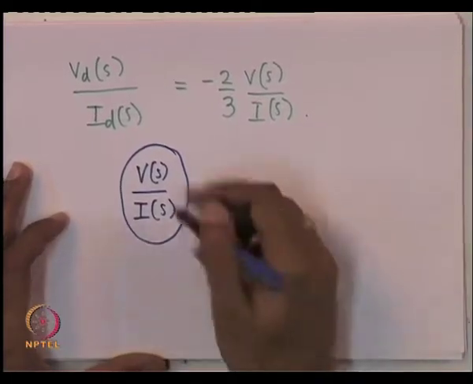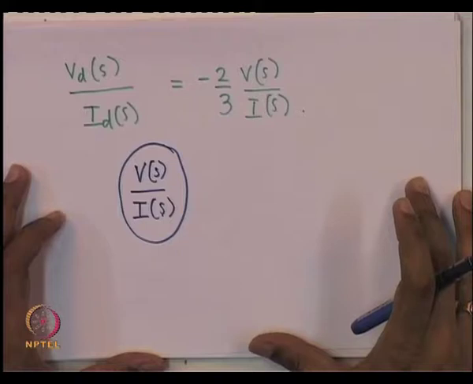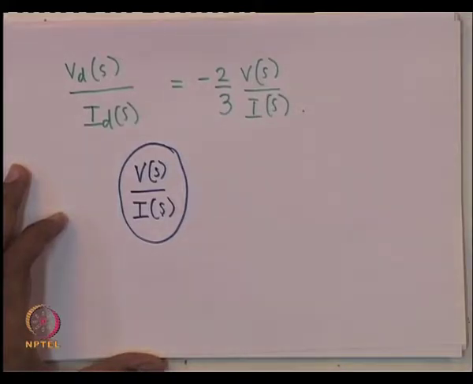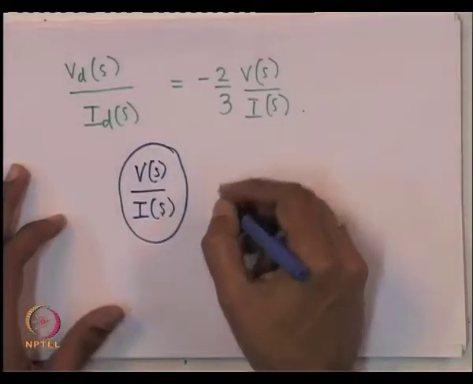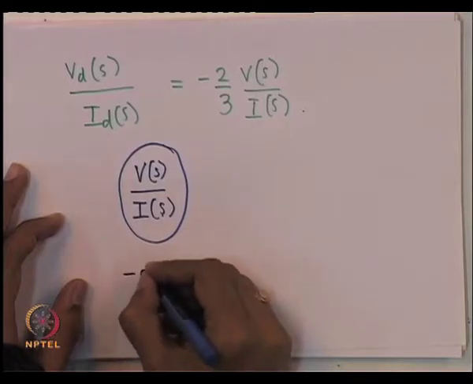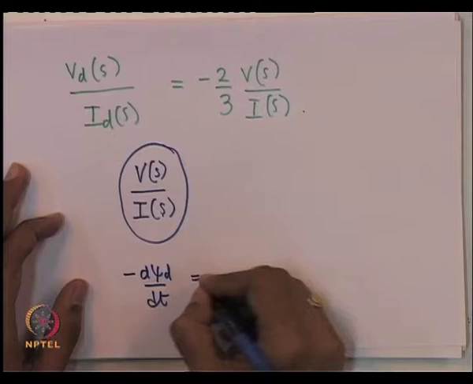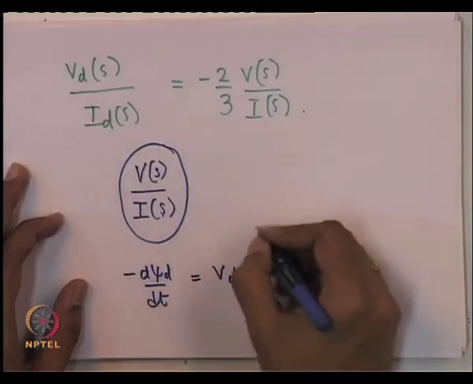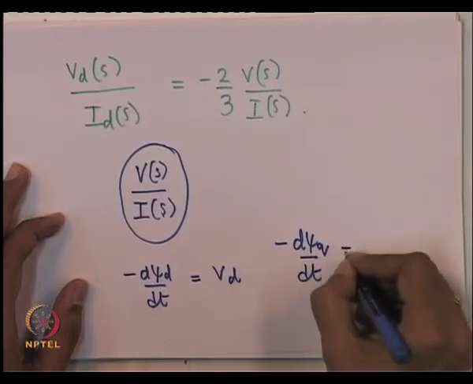So, what we can do is obtain V of s by I of s, and recall from one of the equations which we wrote previously, we have minus d psi d by dt is equal to V d and minus d psi q by dt is equal to V q.